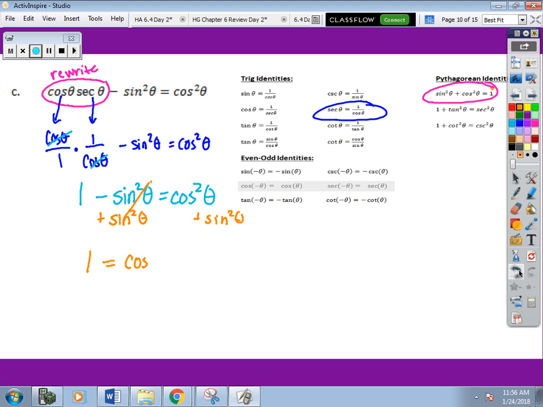Well, let's put that in the right order. And then you get the actual identity. Sine squared plus cosine squared equals 1, which would mean 1 equals 1.